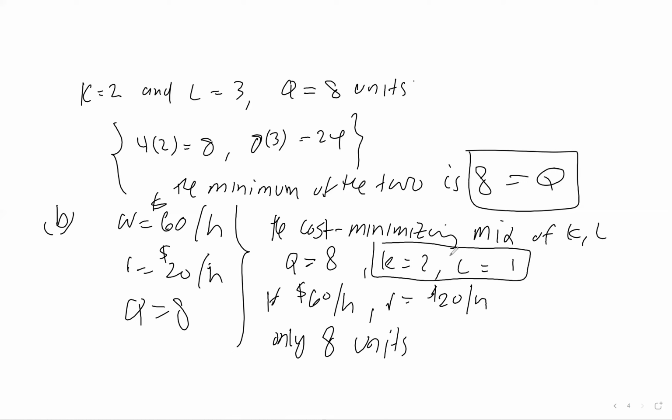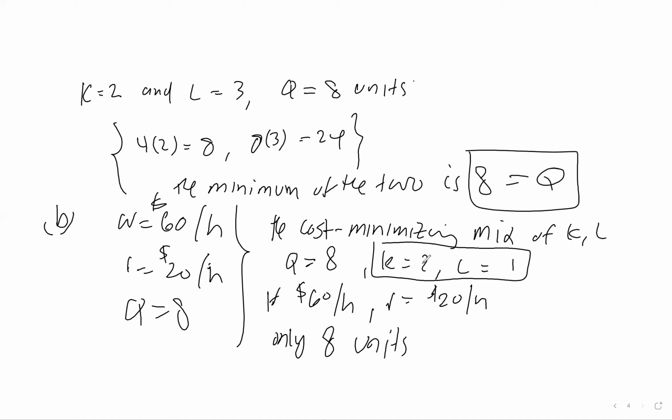So again, if the wage rate is $60 an hour and the rent rate on capital is $20 an hour, the cost minimizing mix of capital and labor that produces 8 units of that good would be K equal to 2 and L equal to 1.